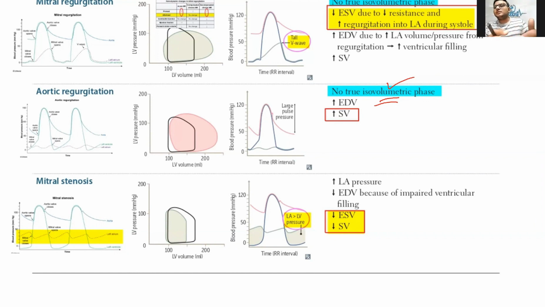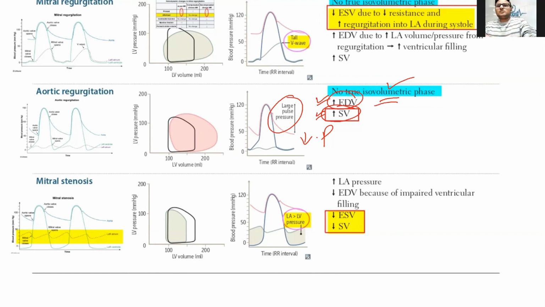There will be more end diastolic volume and more stroke volume. And a very important point in aortic regurgitation: the pulse pressure is decreased. So stroke volume is increasing and end diastolic volume is increasing, but pulse pressure is decreasing.